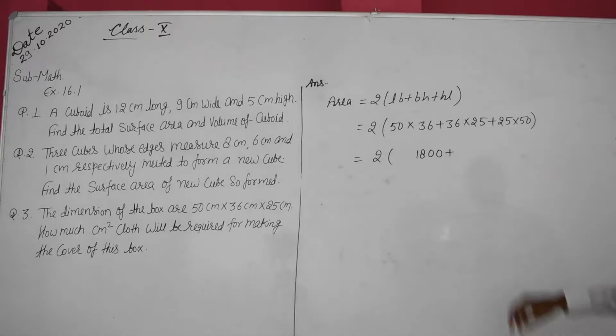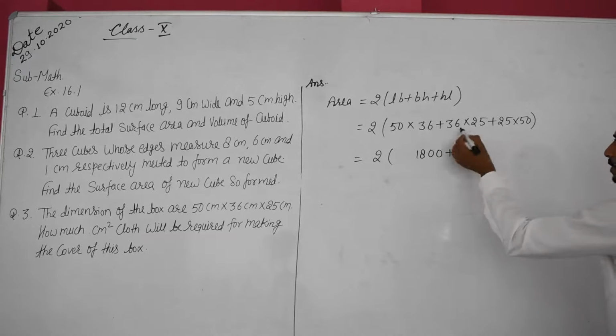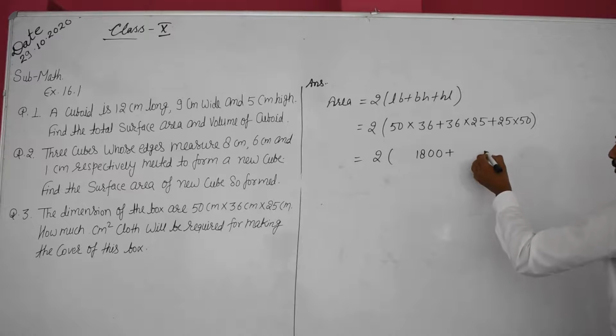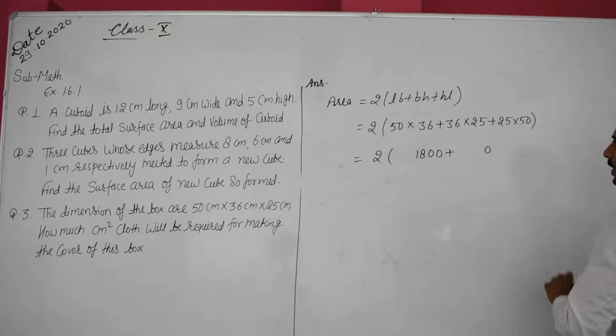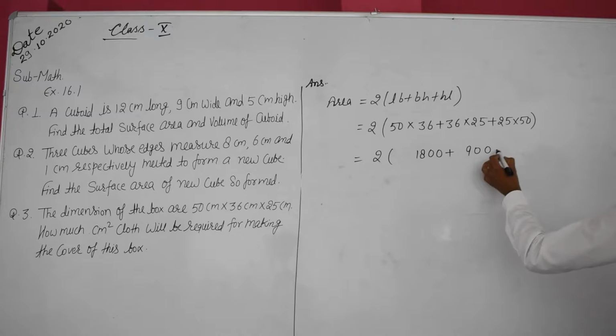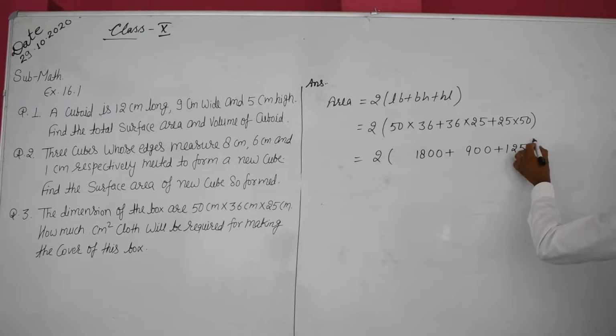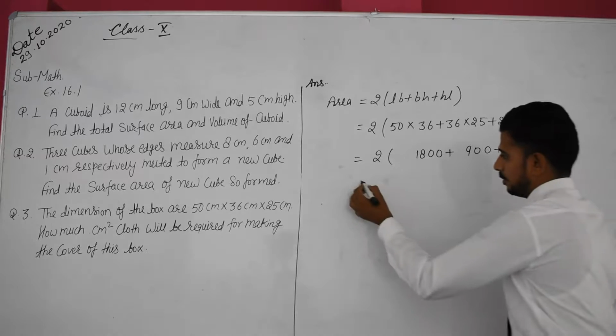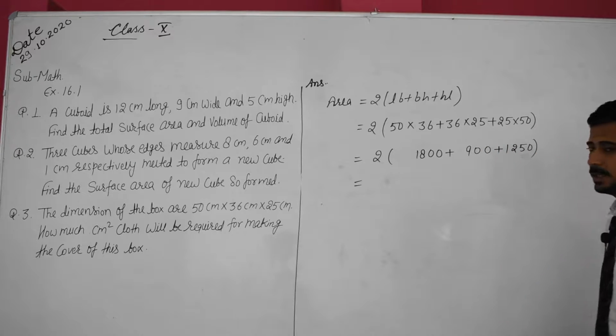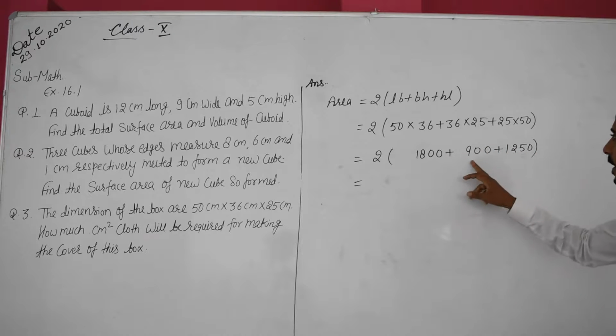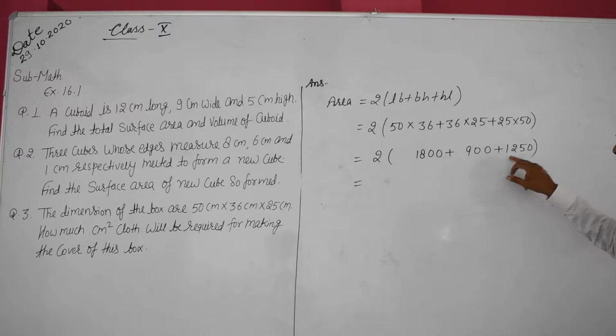Plus 36 times 25 is 900. Plus 25 times 50 is 1250. The solution of this part is 1800 plus 900 is 2700, plus 1250 is 3950.